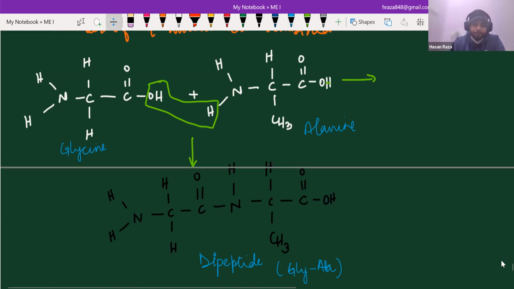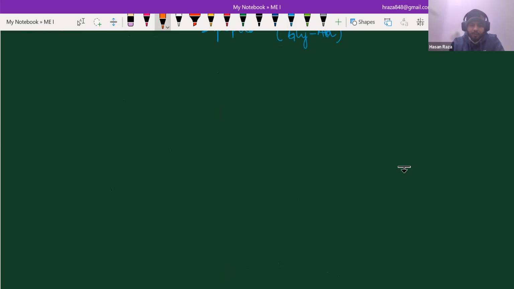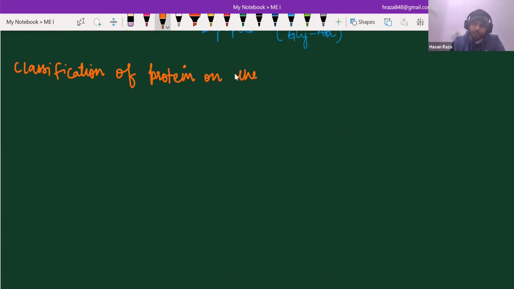We started protein after this. We are going to do the classification first. So write, classification of protein on the basis of shape.